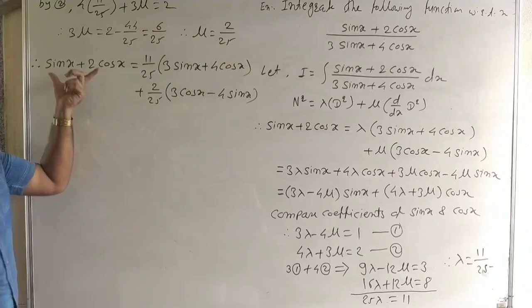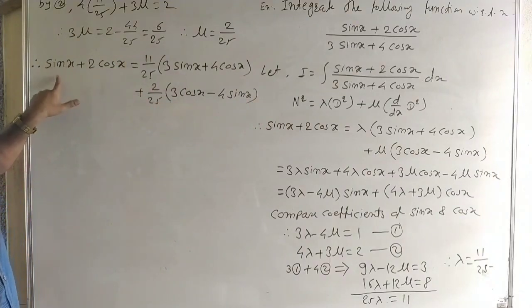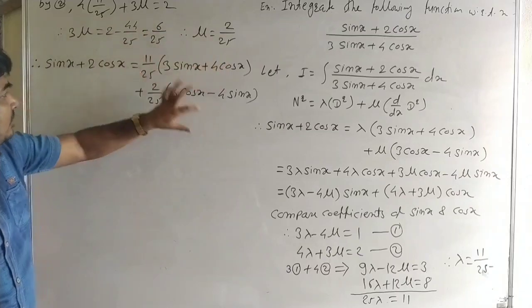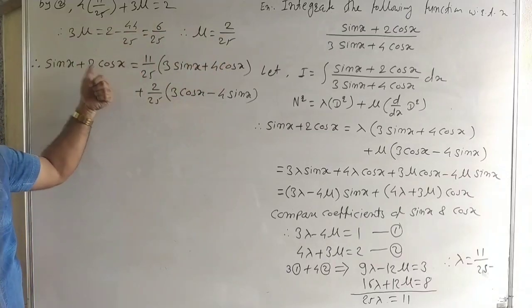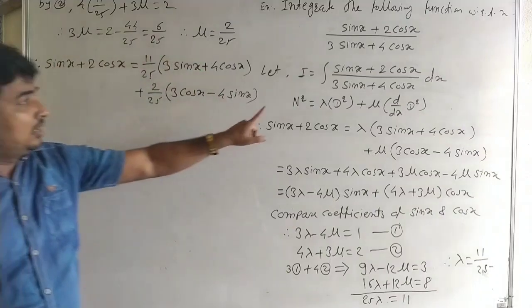Okay, here we adjust the denominator and its derivative in the numerator. Here calculate this term, we get sin x plus 2 cos x. Okay, check this.